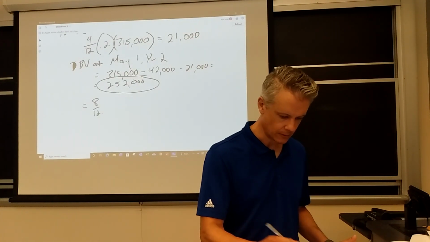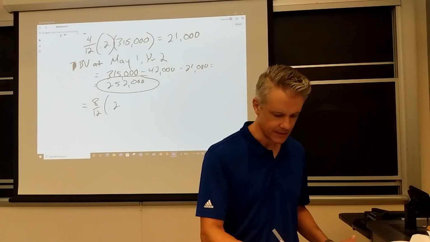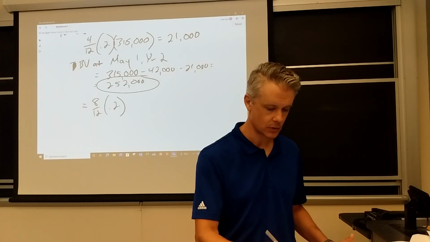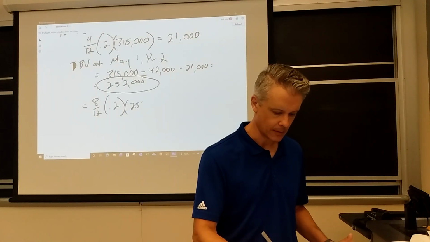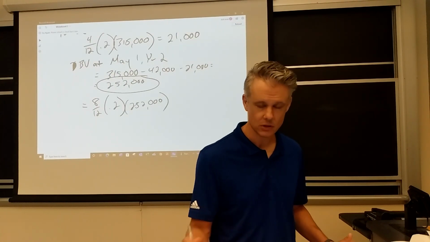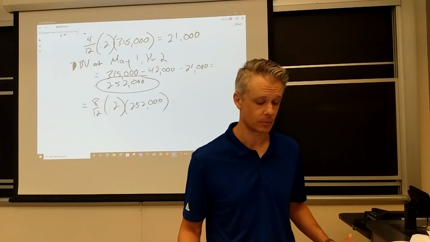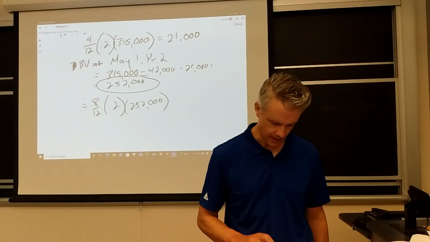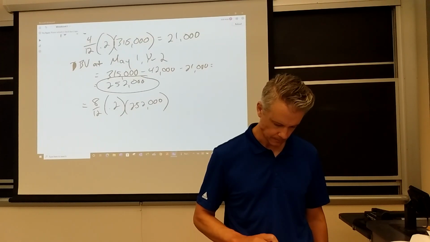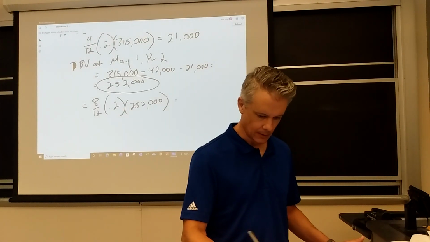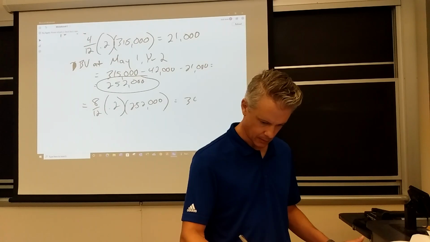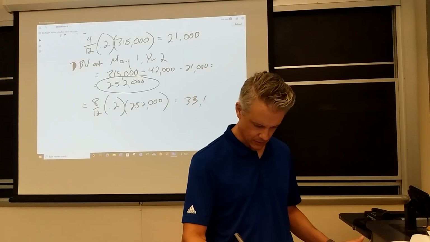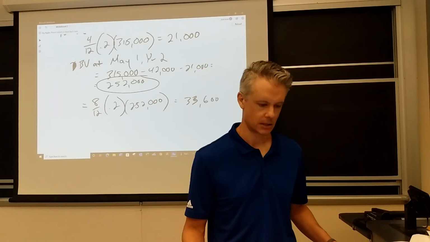So using this book value, let's take care of the remaining 8 months of depreciation for year two. We've got 8 out of 12 months left. We have our double declining rate of 0.2, and we have our beginning book value at this point after 12 months of depreciation of $252,000. This comes to $33,600.